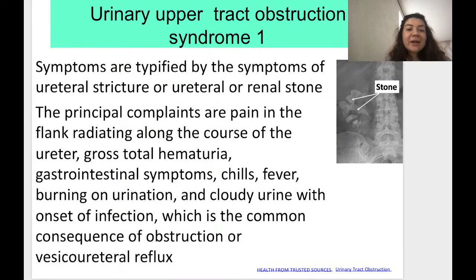Symptoms are typified by the symptoms of ureteral stricture or ureteral or renal stone. The principal complaints are pain in the flank radiating along the course of the ureter, gross total hematuria, GI symptoms, chills, fever, burning on urination, and cloudy urine with onset of infection, which is the common consequence of obstruction or vesicoureteral reflux.